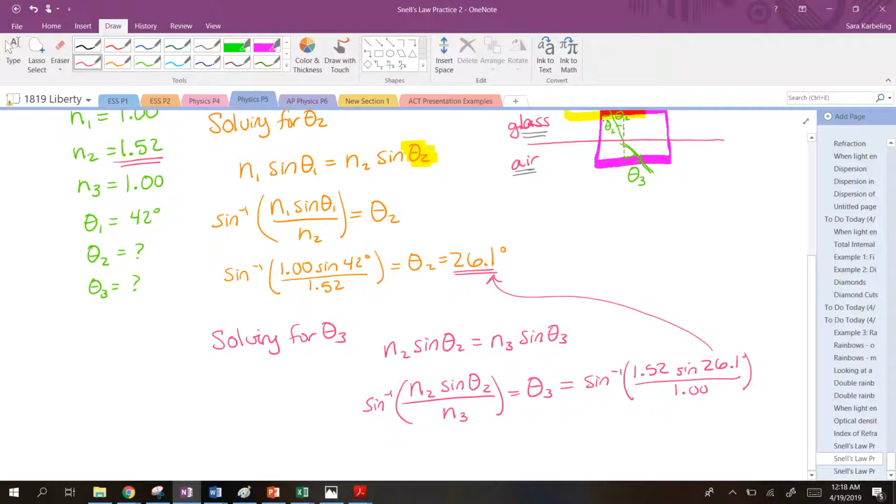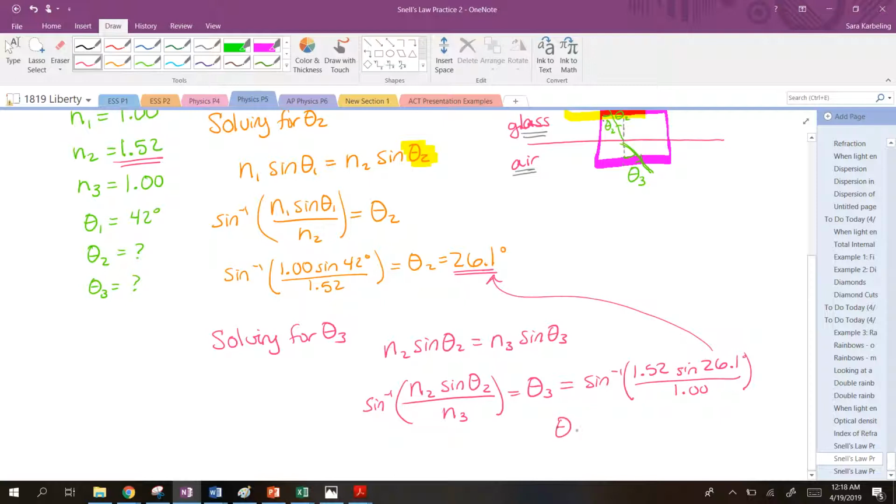So it looks a little different than the ones we've seen before because now we're starting in glass and we're moving to air. So you have to make sure, again, that you're setting your N2 and N3 correctly so that you get the right result. If you look at this from a mathematical perspective, having a higher index of refraction on the top is going to give you a bigger angle, because we're bending away from the normal.